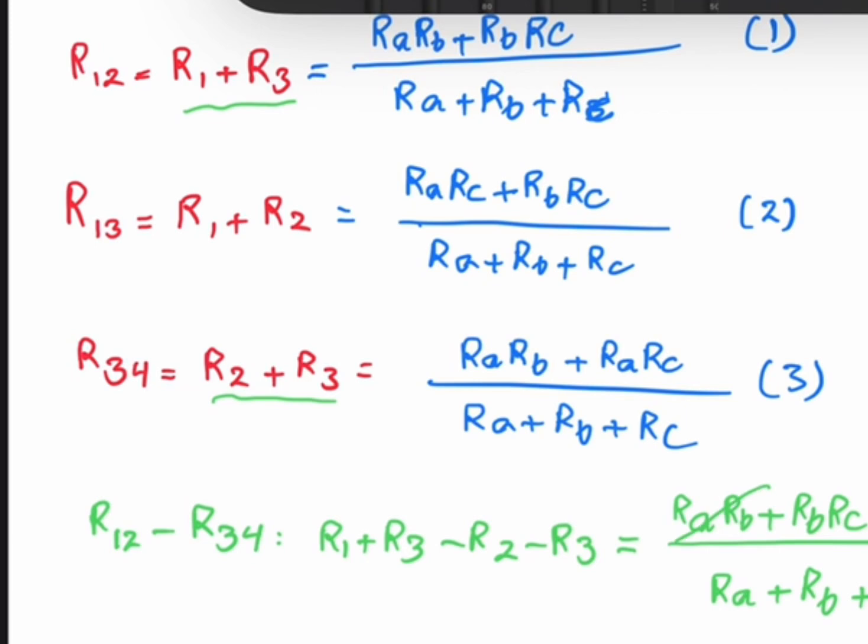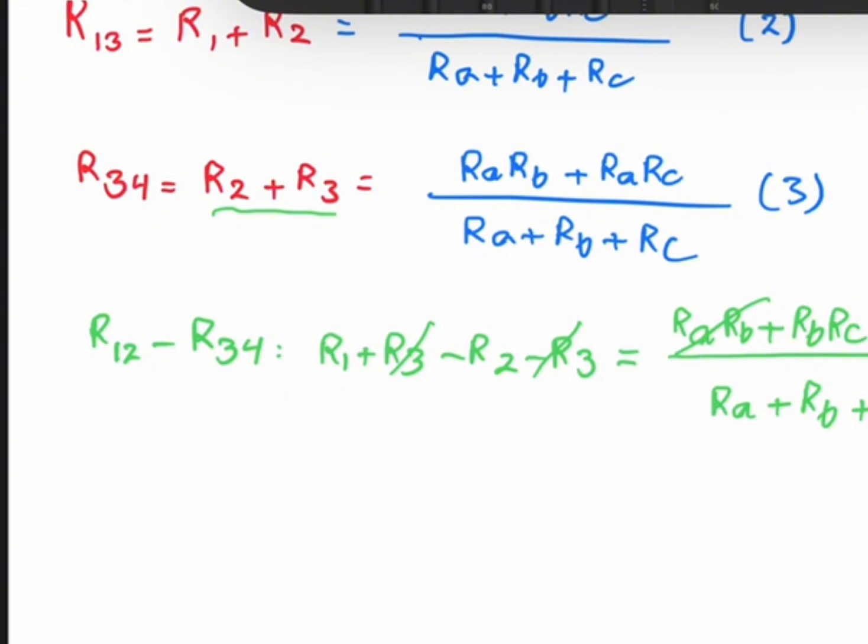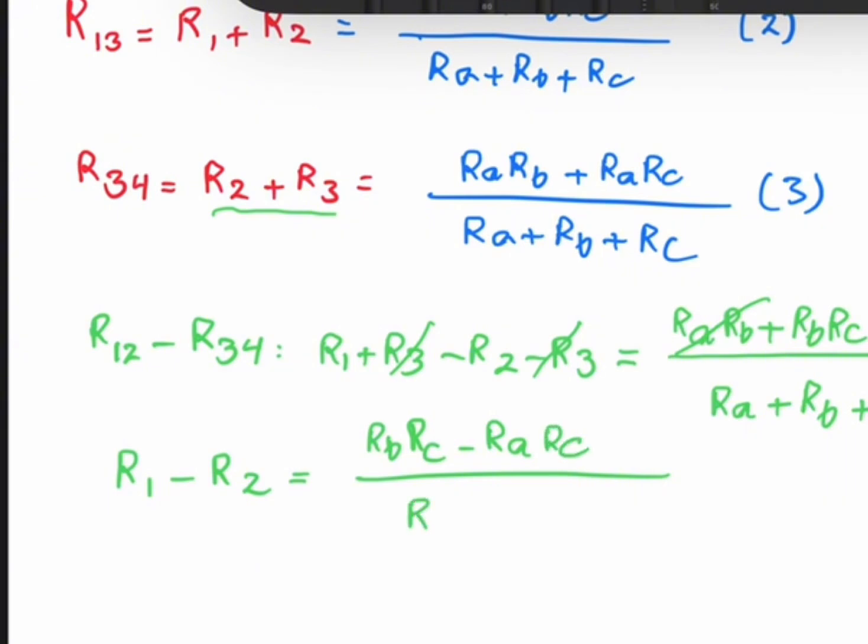RA RB is cancelling, R3 is cancelling, therefore the simplified version of this equation is R1 minus R2 is equal to RB RC minus RA RC over RA plus RB plus RC. Now I can call this equation number 4.